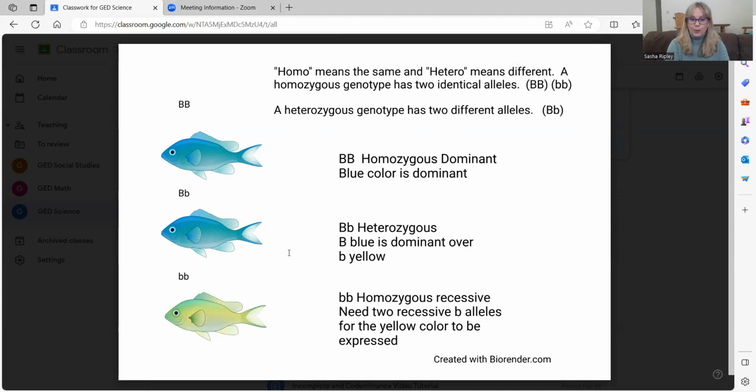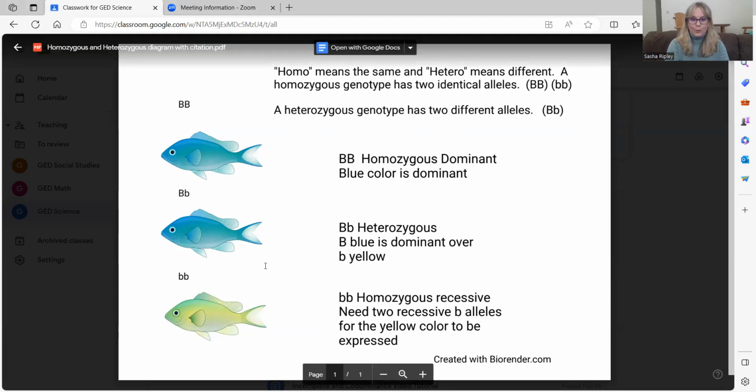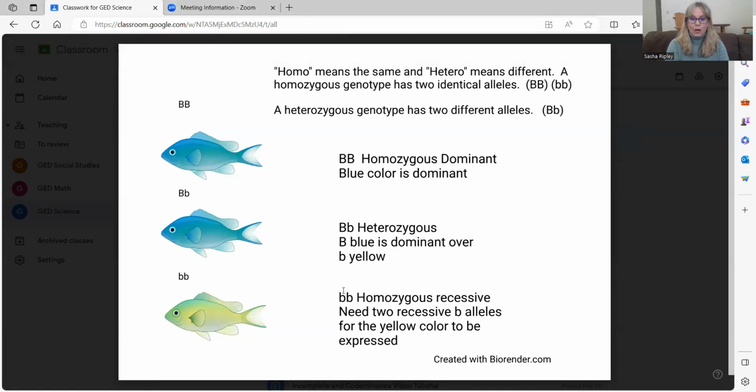Still, my fish is blue because my uppercase B is the dominant allele and blue is dominant over yellow. Now I finally got a yellow fish because I've got two recessive alleles. When we're talking about complete dominance, you have to have two recessive alleles in order for the recessive phenotype to show up, in this case, yellow. So the homozygous recessive genotype is two little b's.